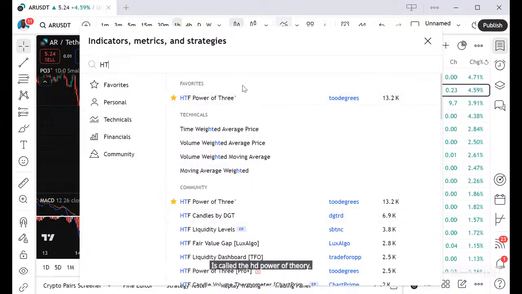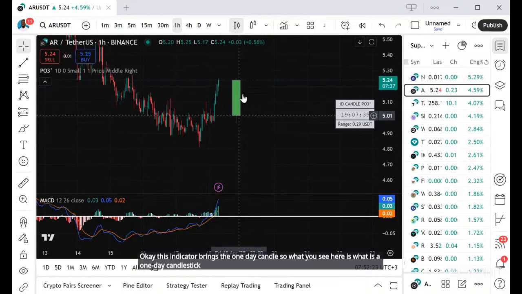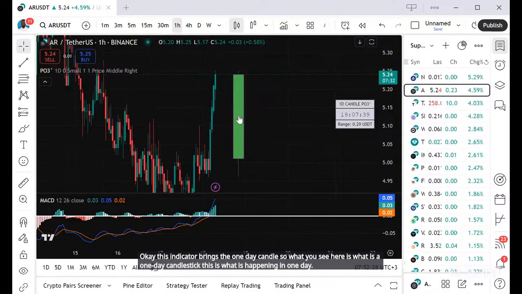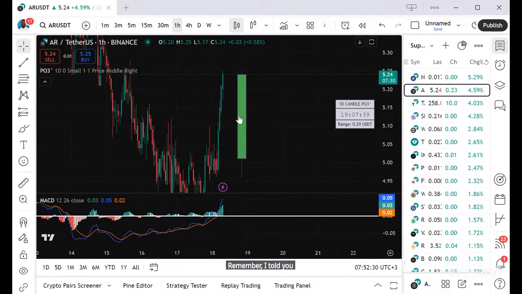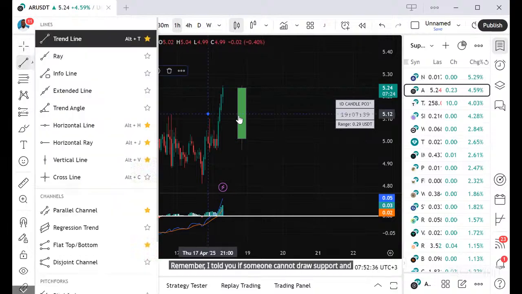This indicator goes to the chart and picks the 1-day candle. Okay, this indicator brings the 1-day candle. So what you see here is a 1-day candlestick. This is what is happening in 1 day. Remember, I told you if someone cannot draw support and resistance on 1 day, they can't trade.